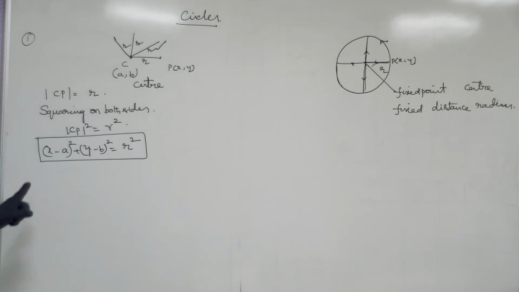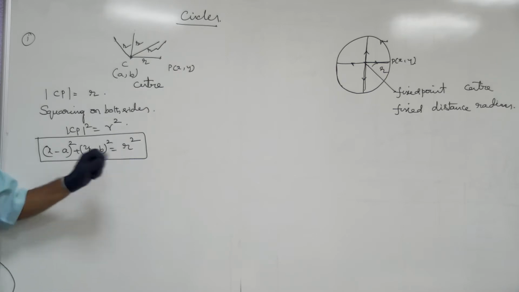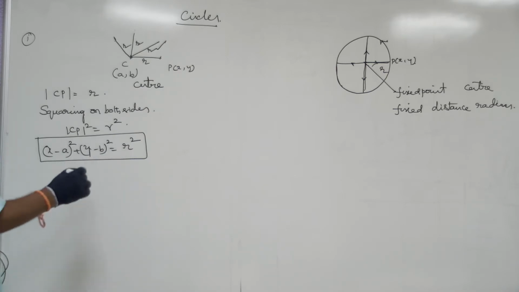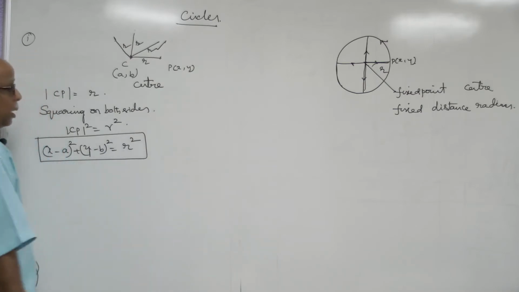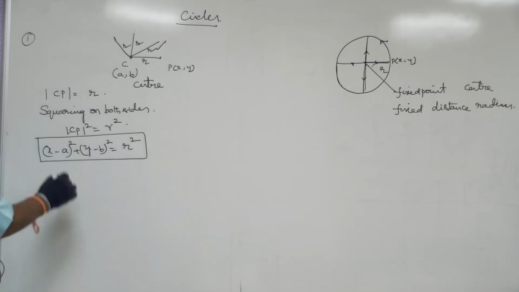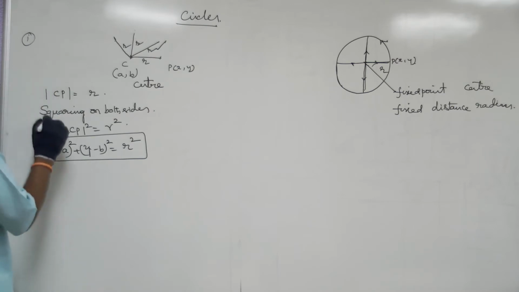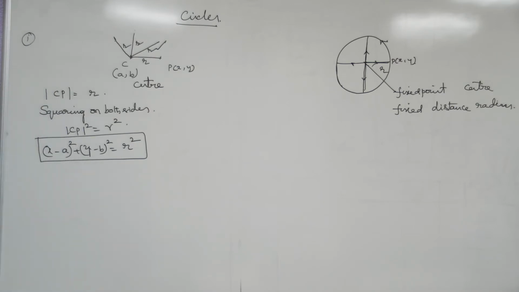When center and radius are known to us, the equation of the circle can be obtained by the formula (x minus a) whole square plus (y minus b) whole square equals r square. This is one of the important forms of the circle.